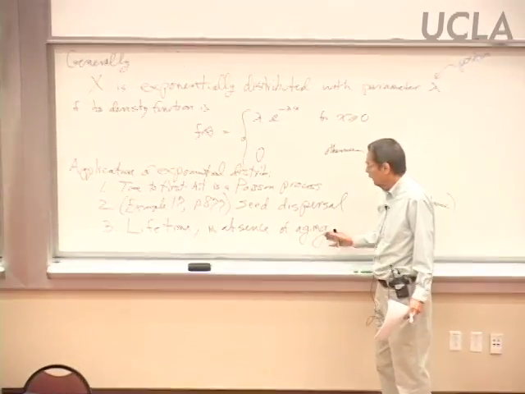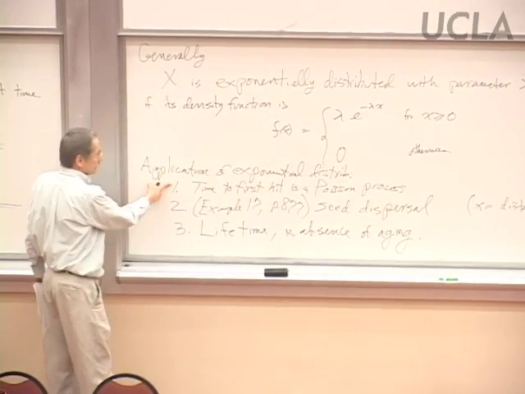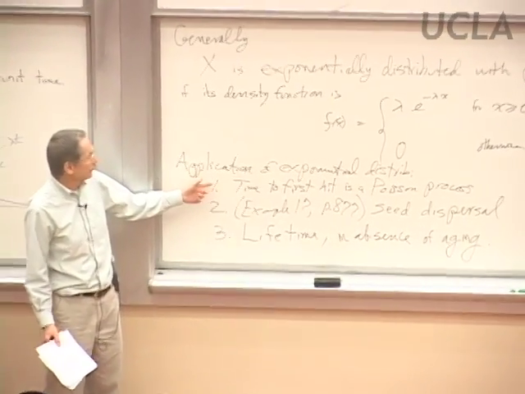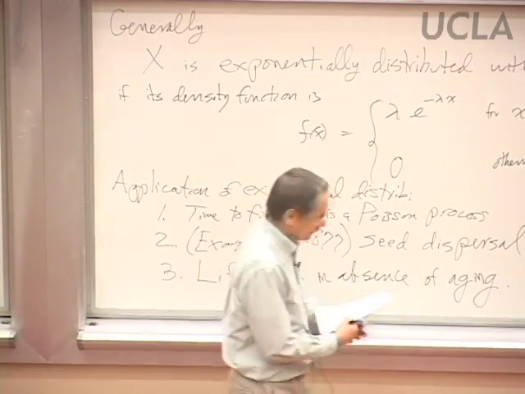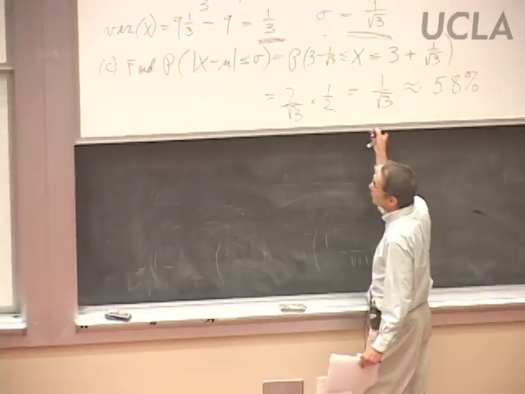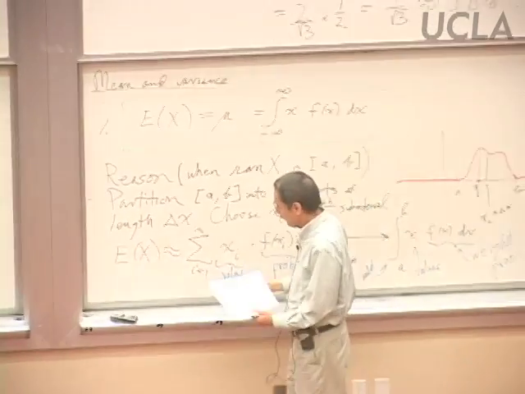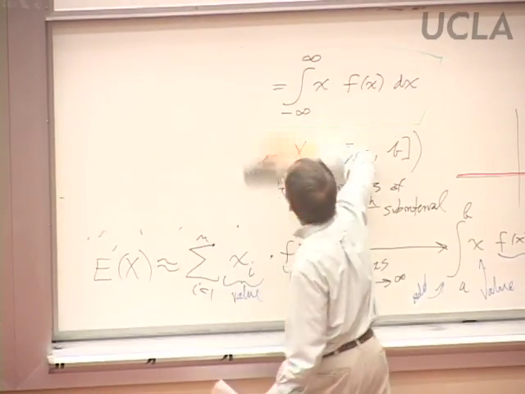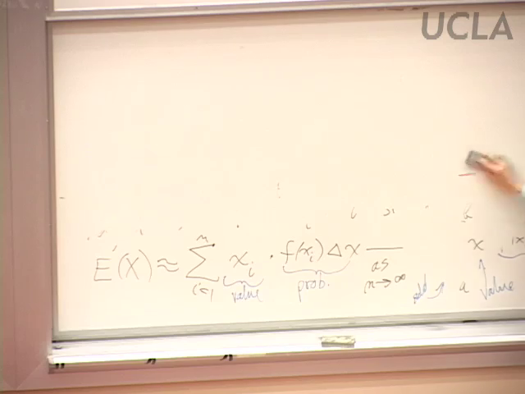Where we get to ignore old age, well, that's actually similar to application 1. Getting eaten by a predator might be thought of as a Poisson process. I mean, that predator might appear most any time. And that first hit is when the organism gets eaten or suffers some fatal accident or gets some fatal infection.